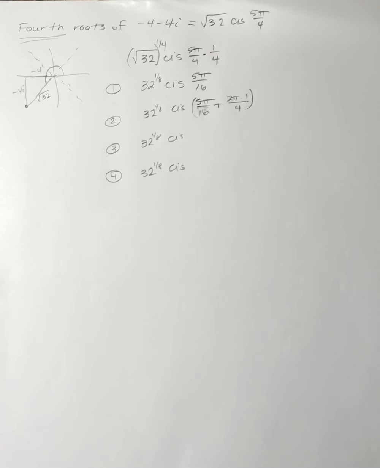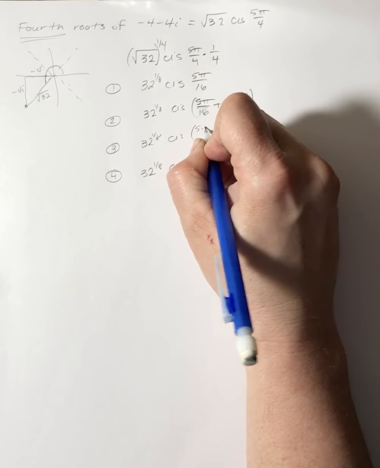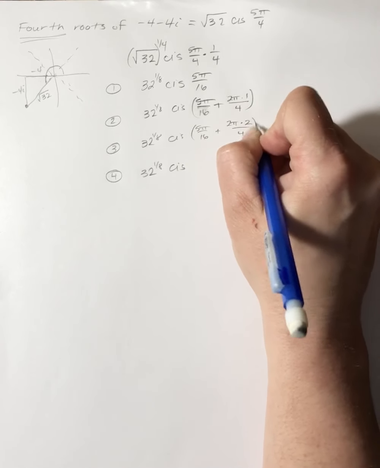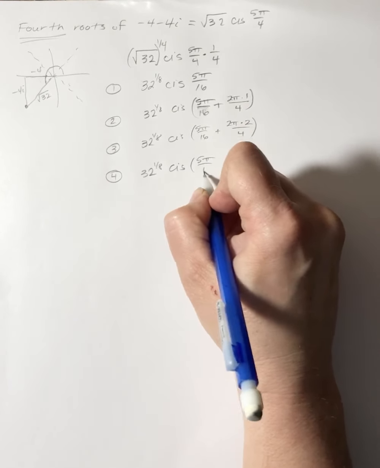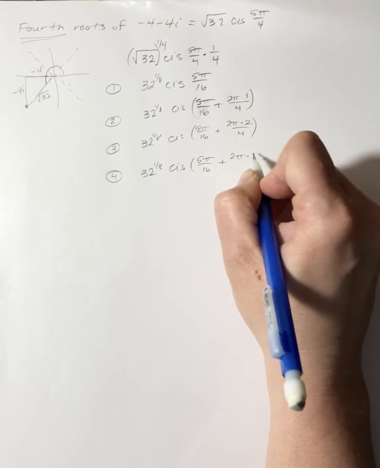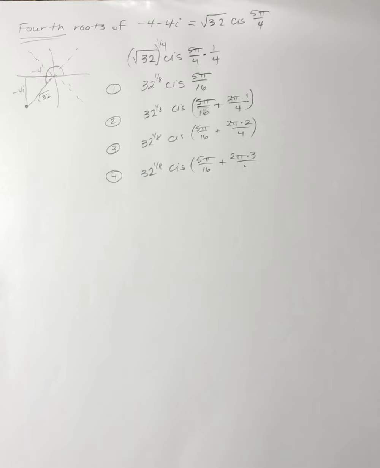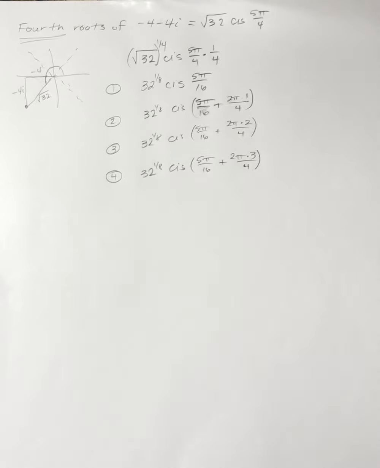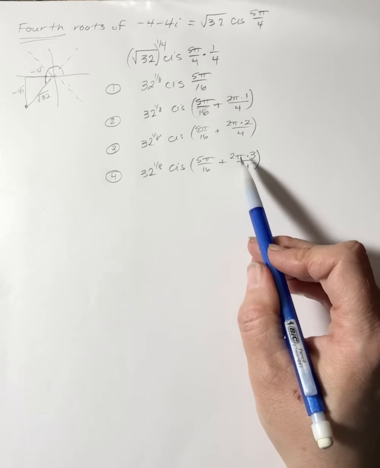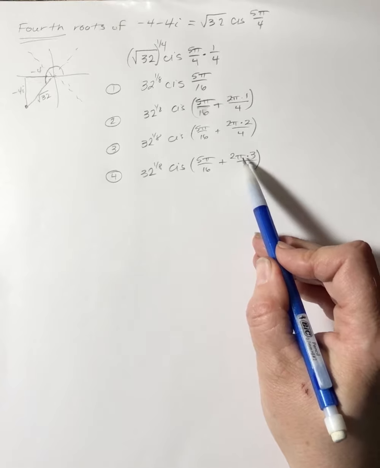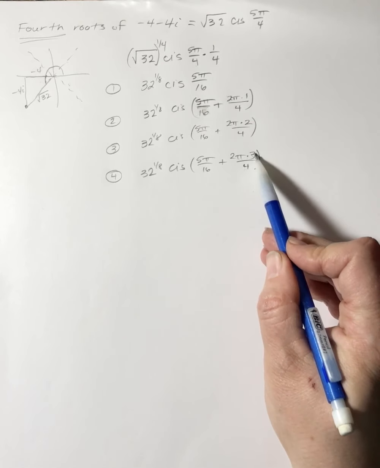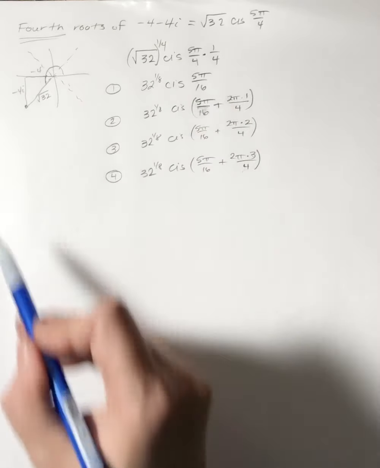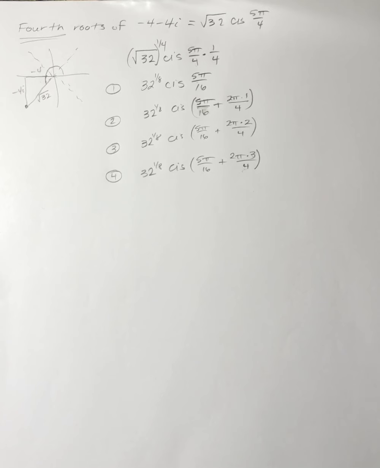I take 2 pi times 2 over 4. And I take 2 pi times 3 over 4. If I have 2 pi times 4 over 4, 4 over 4 is 1, I'm going to get the same answer that I got here, okay? Because I would have done 1 complete cycle. I'd be right back where I started from, okay?